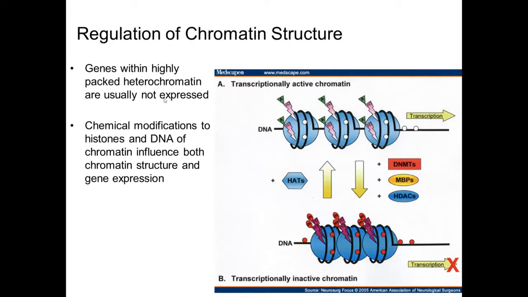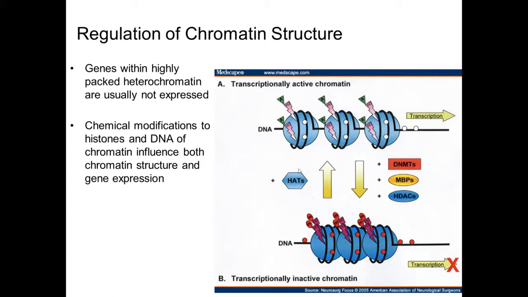All right, so we talked already a little bit about this, so this is just a reminder of how we go from heterochromatin, which is down here, to a more euchromatin structure, which is up here, and that has to do with modifying those histone tails. So the more methyl groups, the more heterochromatin, the more acetyl groups, the more euchromatin that you have.